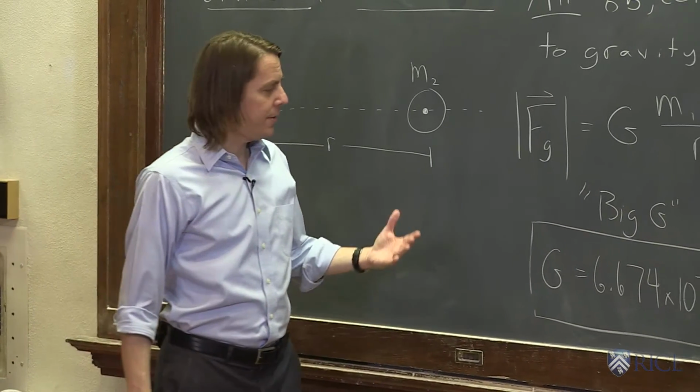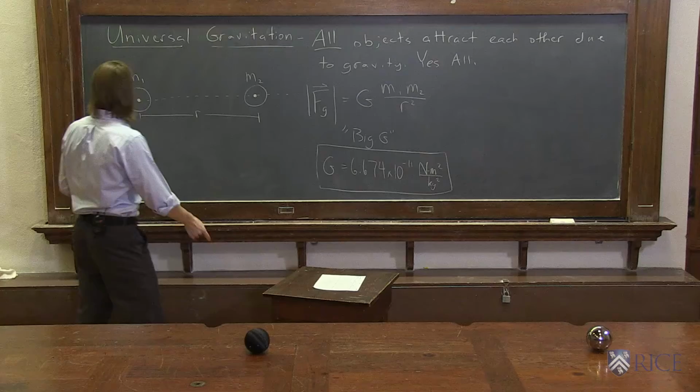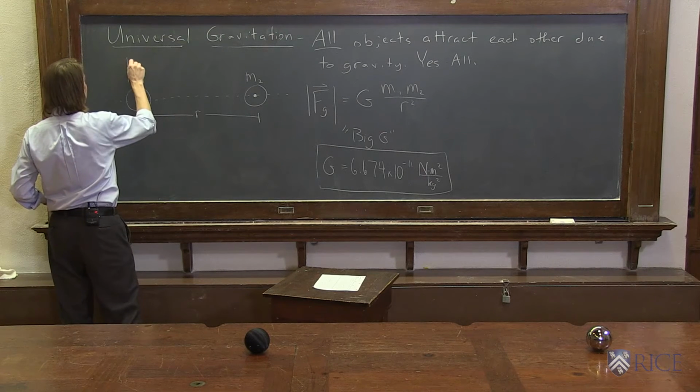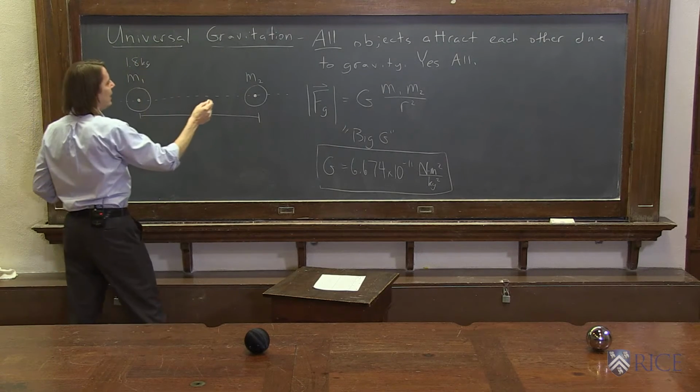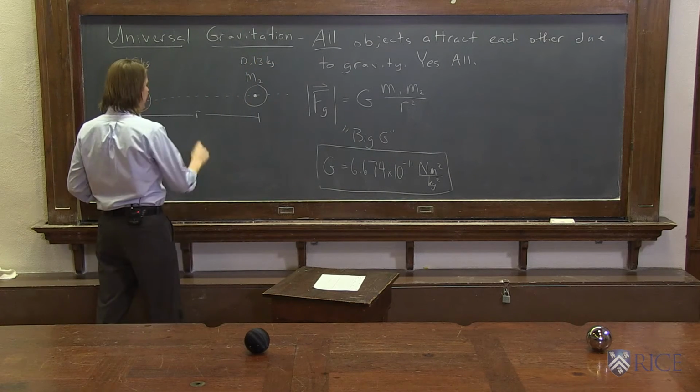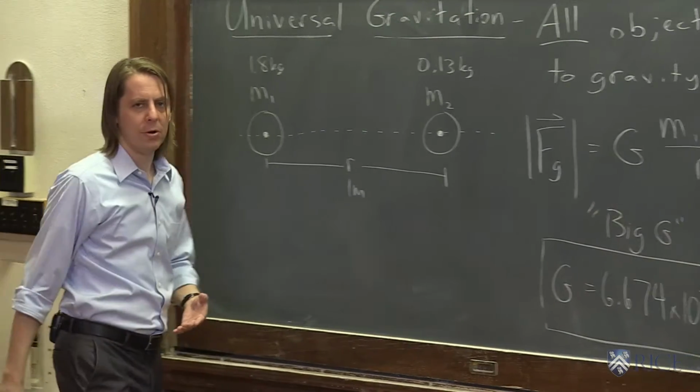If we wanted to think about then the force in this case, we have Hal here. We got 1.8 kilograms here, and we've got 0.13 kilograms here, and I have them apart by 1 meter.